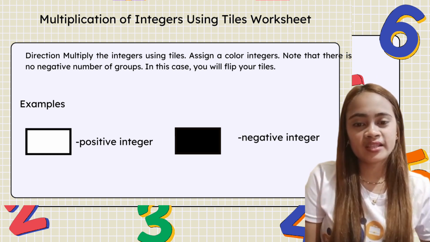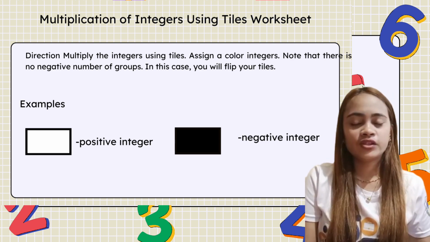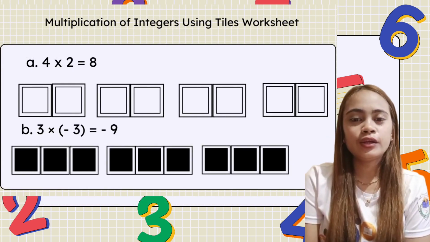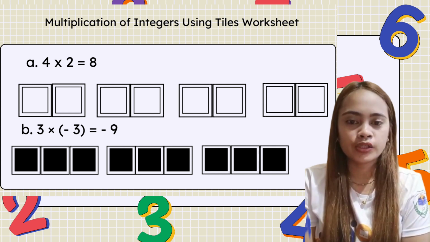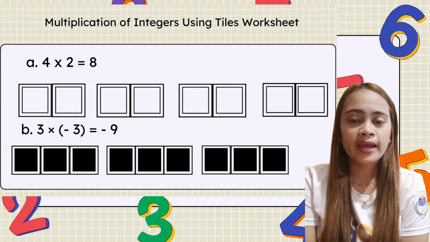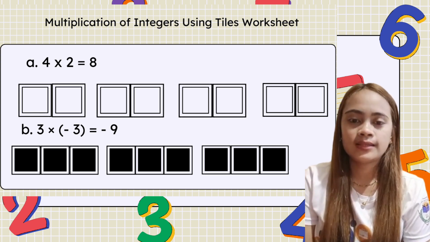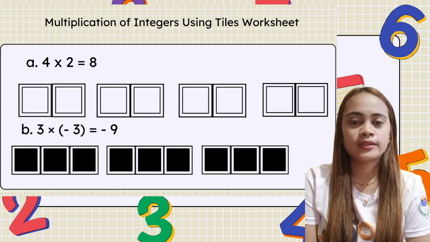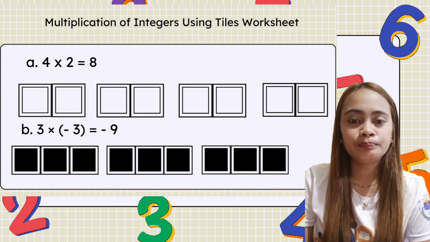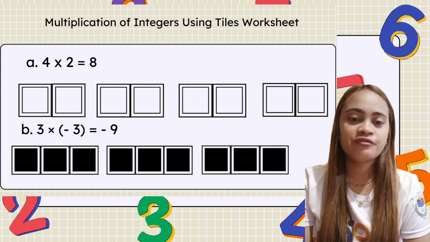Sa examples, the positive integer is color white and the negative integer is color black. So, andito yung sample ng tiles worksheet. Sa A, 4 times 2 is equal to 8. So, di ba, both positive signs. At makikita nyo sa ibaba niya yung positive sign ng answer, which is the positive 8.